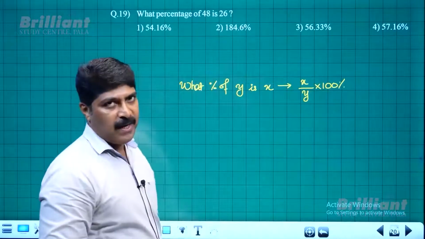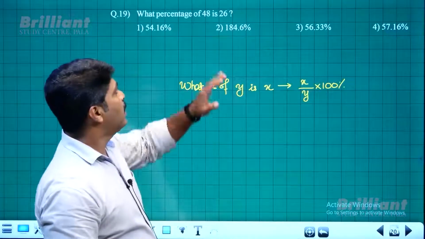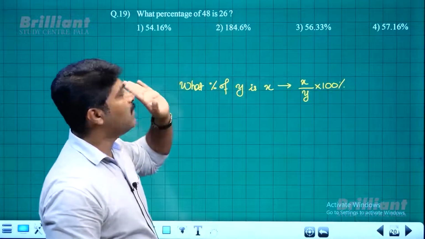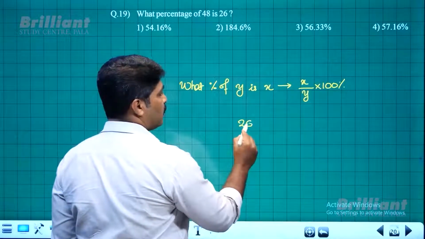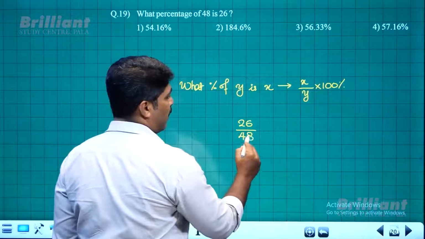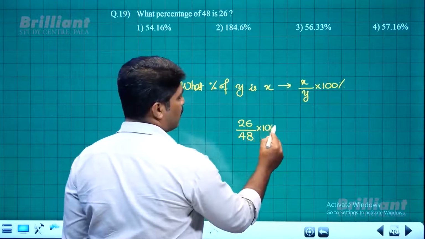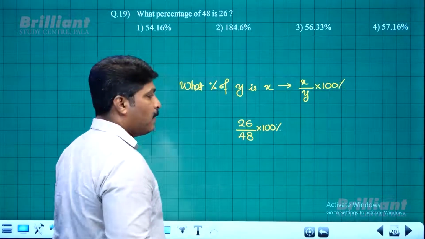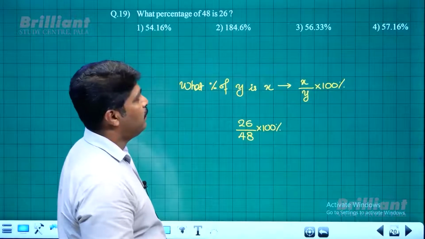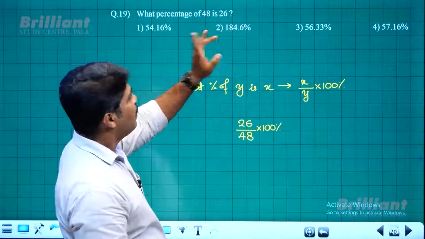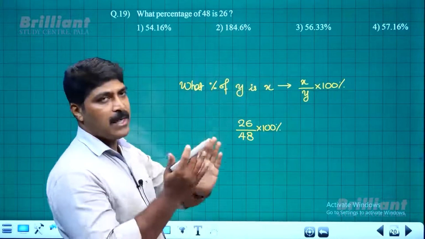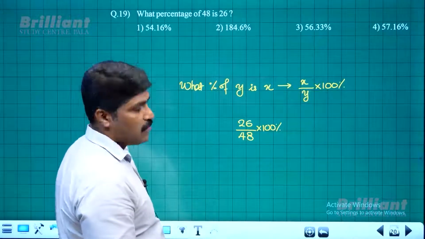In the similar way, if you need to find out this 26 is what percentage of 48, therefore our required step is 26 divided by 48 into 100%. Got it? So then how to simplify it? Here we know that except the second option, rest all the options are closely connected, nearest set of values.